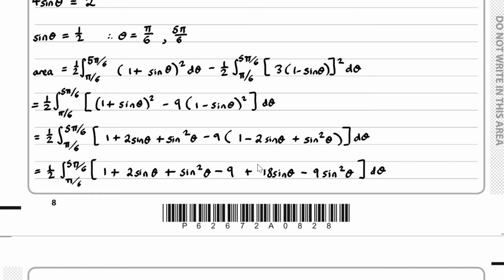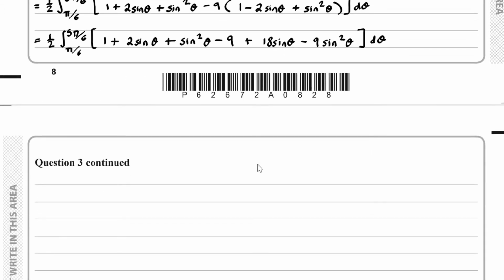So if we collect like terms, you can see over here we've got minus 8 because we've got 1 minus 9, and then 2 sine theta plus 18 sine theta, that's 20 sine theta, and then minus 9 sine squared theta plus sine squared theta, that's minus 8 sine squared theta.